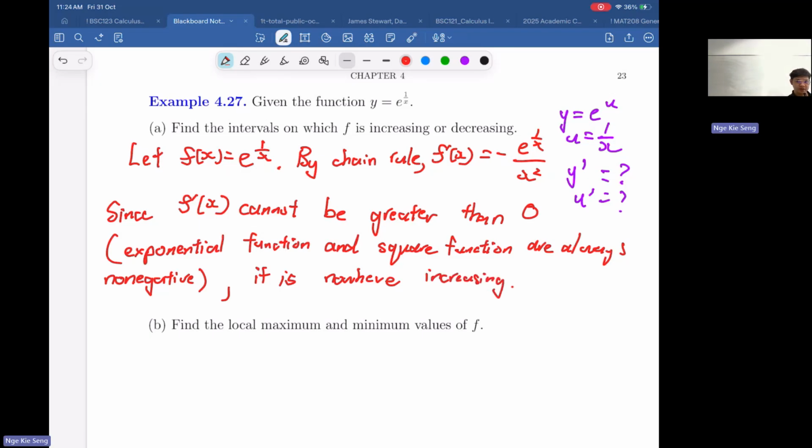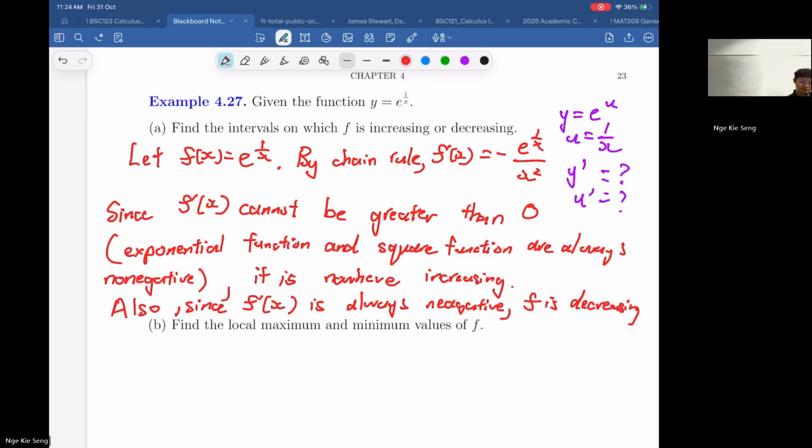Since f prime x is always negative, f is decreasing. So this is a decreasing function, no way increasing.